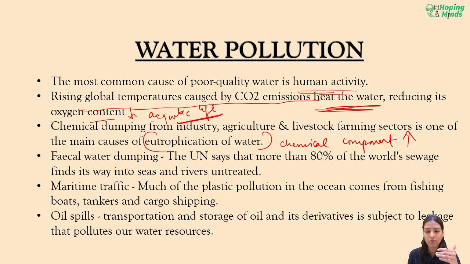Those industrial wastes could be agricultural waste as well, livestock farming where you keep poultry, you keep cows. All of that again is a very water intensive industry. It not only consumes a lot of water, but when it releases that water, it's very polluted.